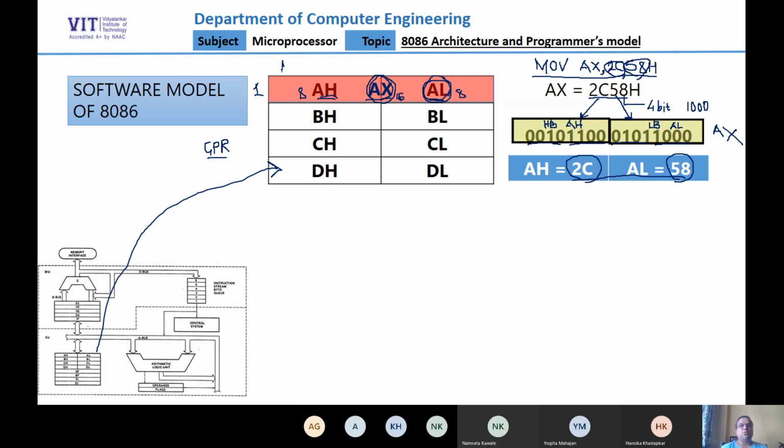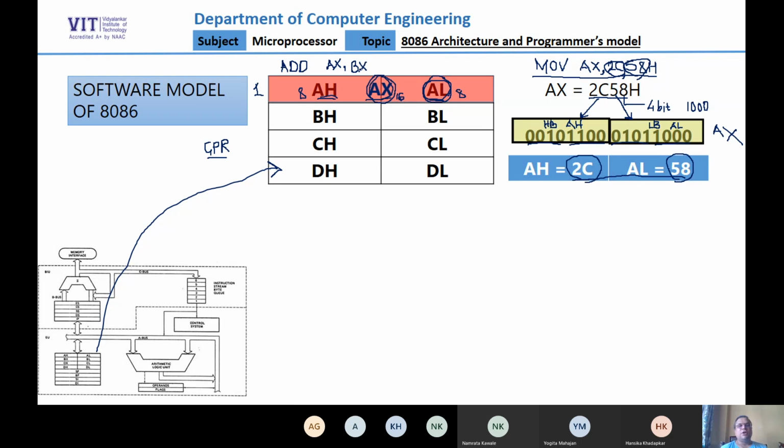So I will quickly explain. Suppose I want to perform addition of two numbers. When I want to perform addition of two numbers, I have to make use of the instruction known as ADD, and we need to specify two operands. I can specify two operands like this. AX is one of the operands, comma, I can specify the second operand, let's say BX. If I write this instruction, then the processor will perform addition.